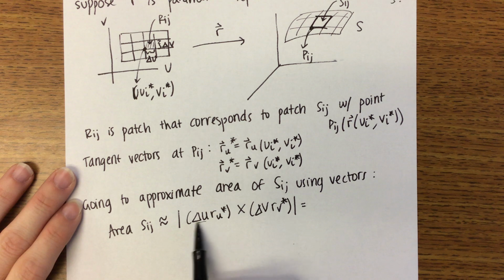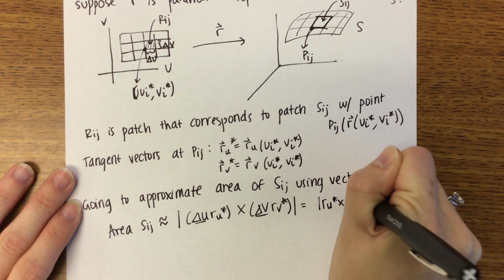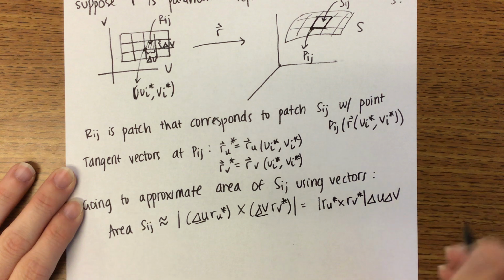Properties of cross products, I can pull the delta u and the delta v out. So this is really the magnitude of r_u star crossed with r_v star, times delta u delta v.